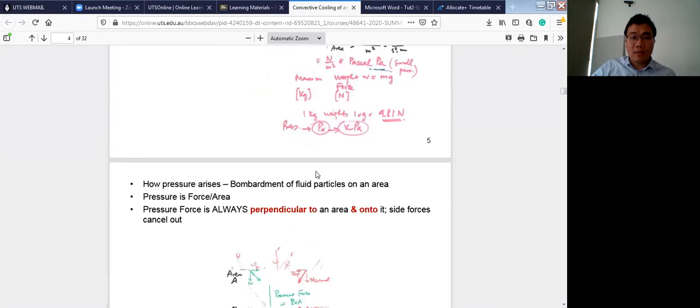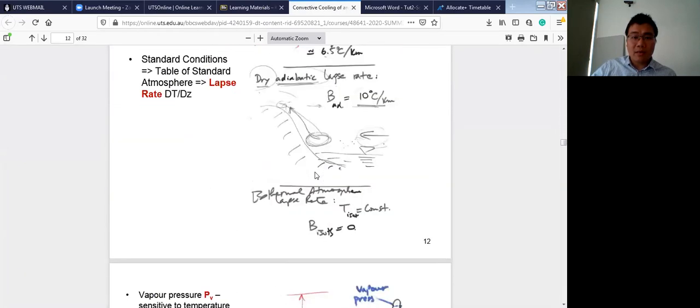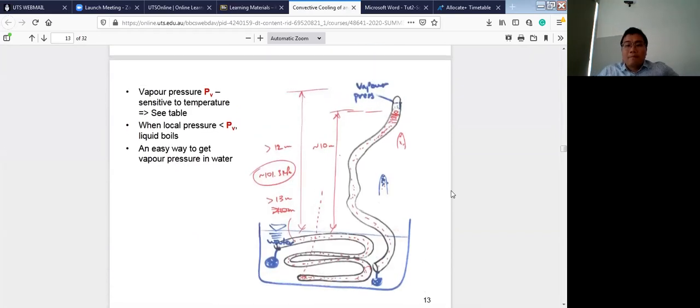When you have a tube, this one is the open end, this one is the closed end, and you dip the open end in the water and bring the closed end higher than 10 meters. On the top of the tube you will have vapor, because the pressure at the top is equal to the vapor pressure of water.